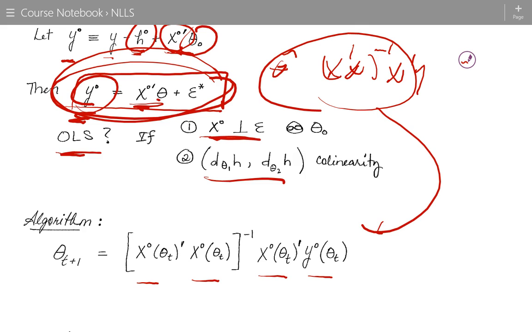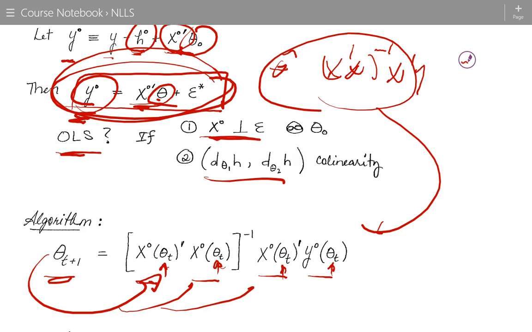Plug in a starting point for theta, our parameters to be estimated, and that will give you another theta. That's the solution for this theta. Take that theta and plug it back in, and you get another theta. And you just keep iterating this.